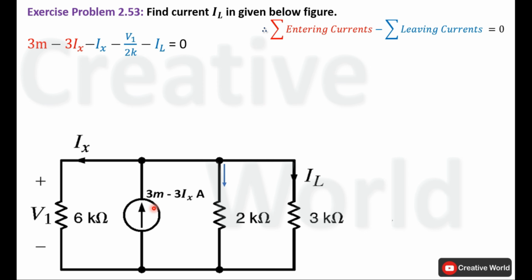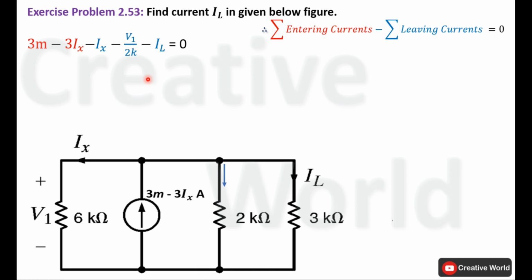Only one current is entering, 3 mA minus 3 Ix, while all other currents are leaving this node, and those are Ix, IL, and the current of this 2 kilo ohm resistance, calculated using Ohm's law: voltage across this element V1 divided by the resistance 2 kilo ohm. So the equation is 3 mA minus 3 Ix minus V1 divided by 2K minus IL equal to 0.